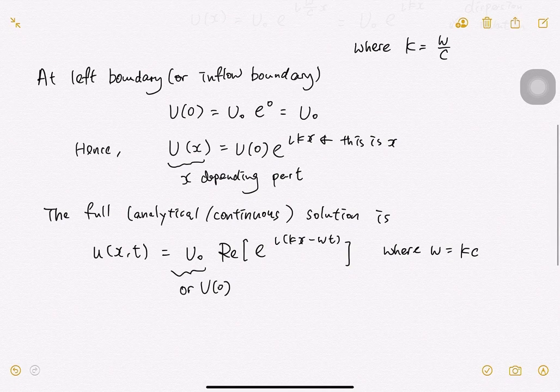So now we have the expression for u for this one.